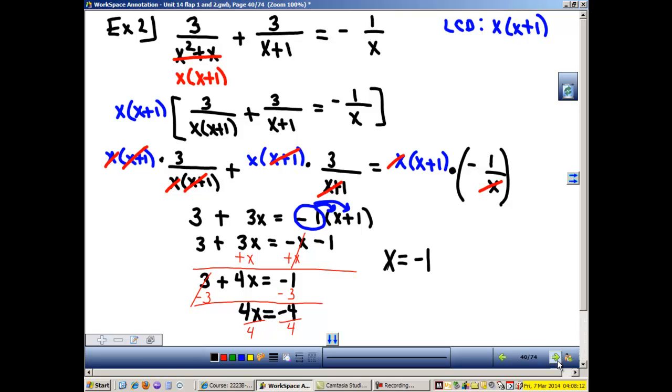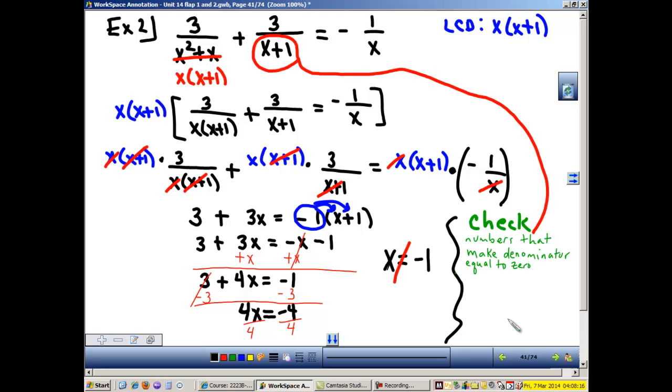Now we need to check to make sure there are no extraneous solutions. We do this by checking to see what numbers make the denominator equal to 0. So set each factor in the denominator equal to 0. x is equal to 0, and when x plus 1 is set equal to 0, x is equal to negative 1.